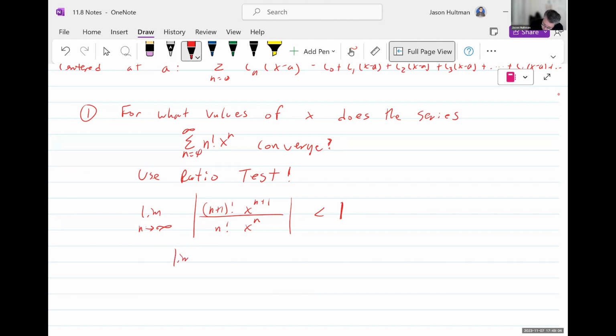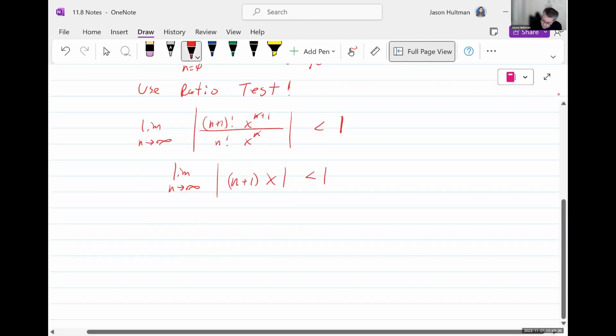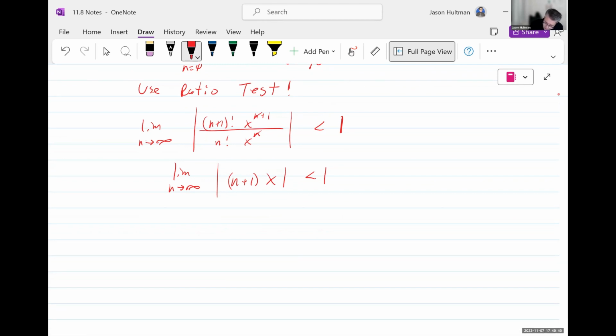So the limit as n goes to infinity of, we just saw that (n plus 1) factorial over n factorial, everything's going to cancel out except for the n plus 1. So that's n plus 1 times x to the n plus 1 over x to the n. The x to the n cancels, and I'm just left with x to the first power, which is just x. When is that less than 1? I'm going to break up the absolute value here.